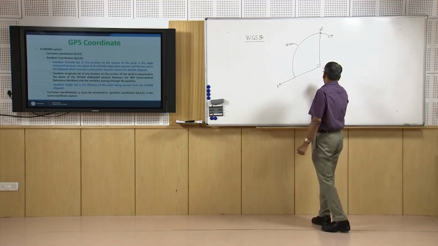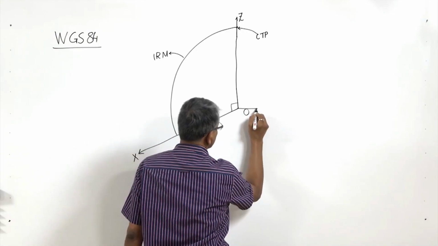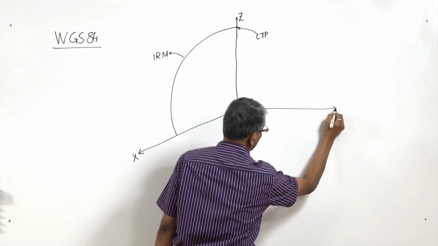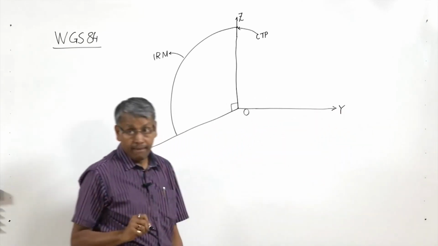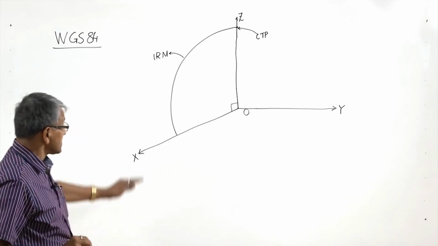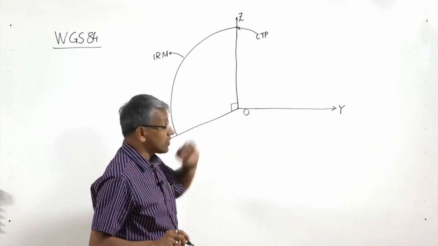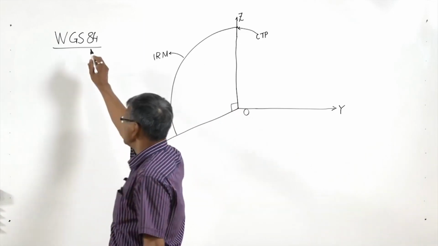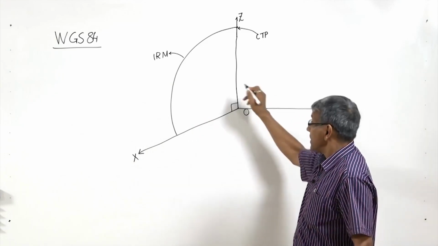So we take a line perpendicular to the x axis in the equatorial plane, and that is considered as the y axis. So these three axes x, y, z with O as the origin define the WGS 84 coordinate system axes.